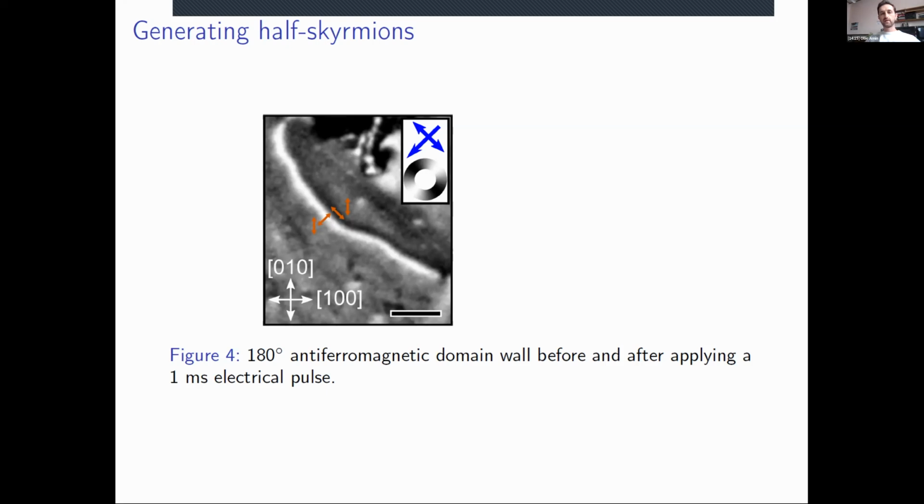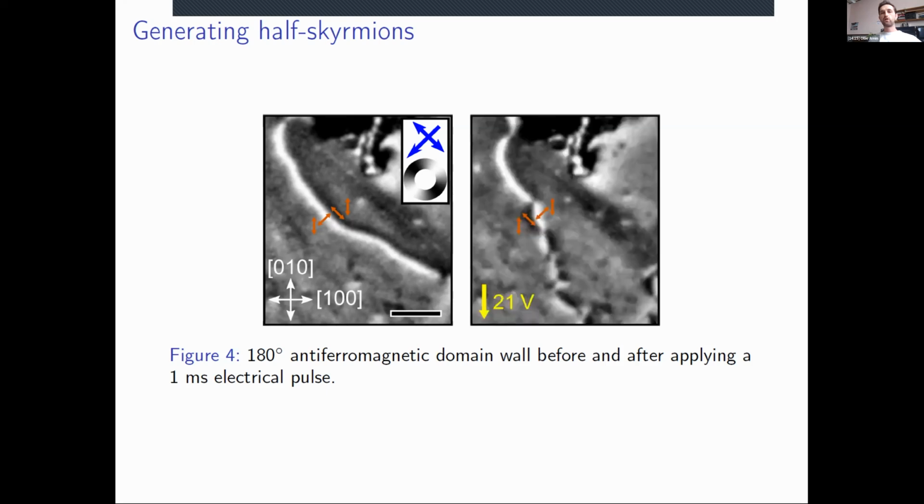Then we applied an electrical pulse along this arm, a 1 millisecond wide electrical pulse of amplitude 21 volts. And what we saw imaging after applying this pulse was that the domain wall fractured into multiple sections of reversed chirality.